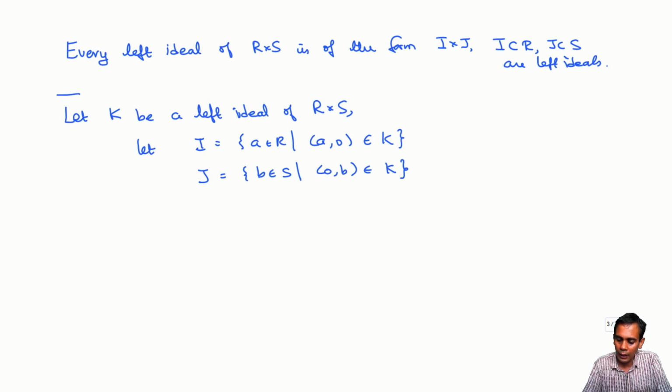So I and J will both be left ideals in R and S respectively. Now what I want to show is that K is equal to I cross J.